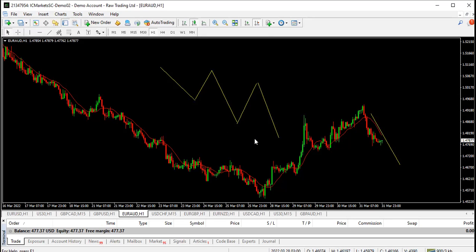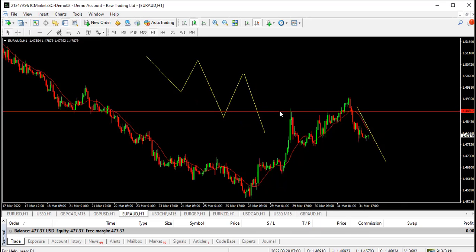For the sell stop, we expect the market to continue with this normal trend of going downwards. But now, the market is at this current price, and we expect it to come from this current price up to this level. So what do we do? We put a sell stop. So how do we put a sell stop? Let's say we place the sell stop at this level.